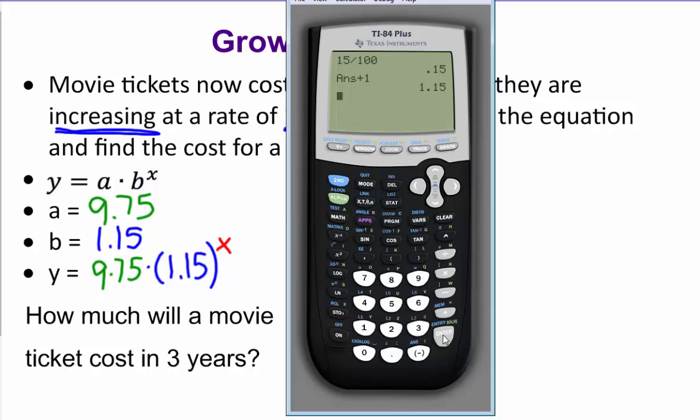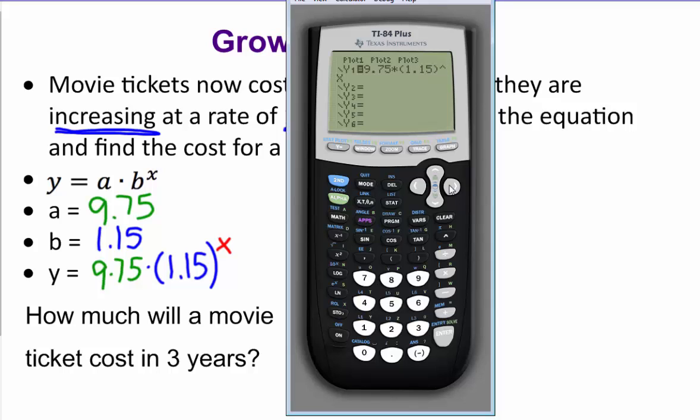Now we are going to look at how much a movie ticket will cost in 3 years. There are 2 ways that you can do that. You can enter it into your y equals. As we see, we have 9.75 times 1.15 to the x. So don't forget the little caret button, which is on the right side of your calculator.